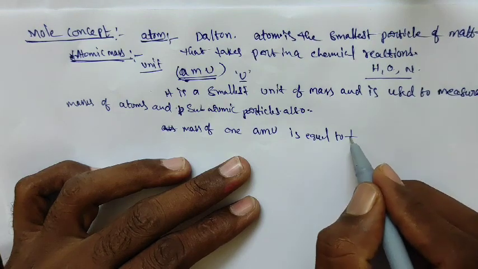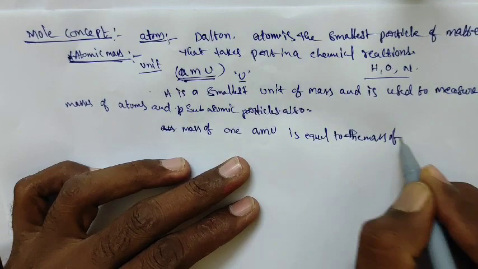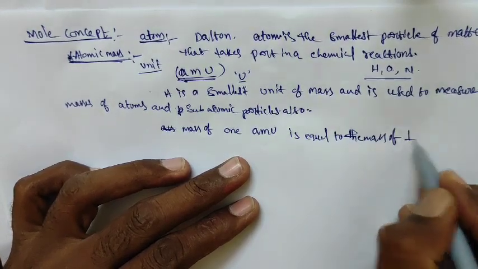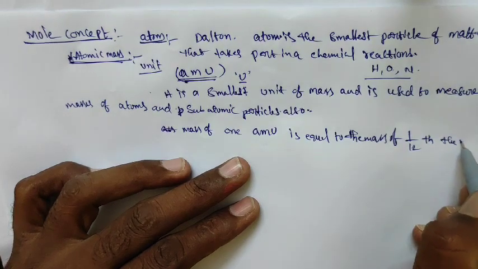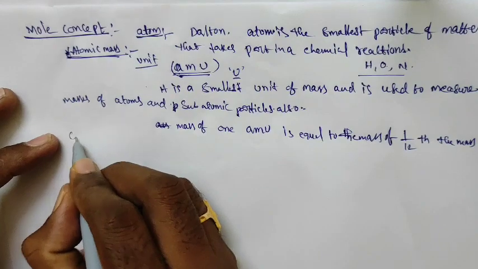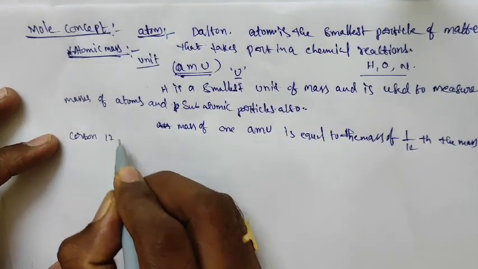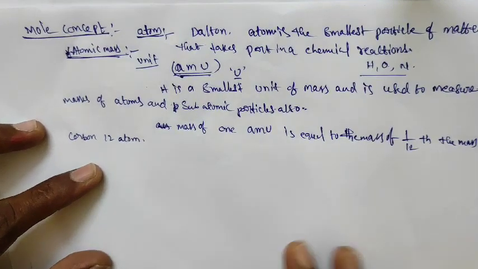The mass of one AMU is equal to 1/12th the mass of a carbon-12 isotopic atom.